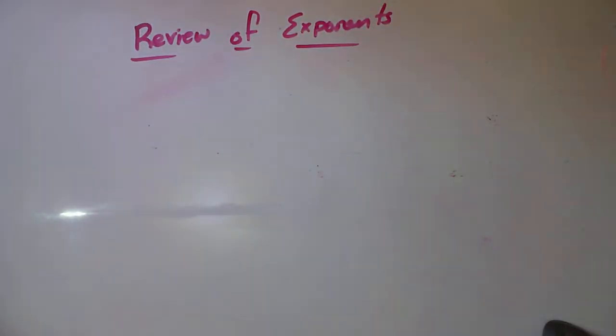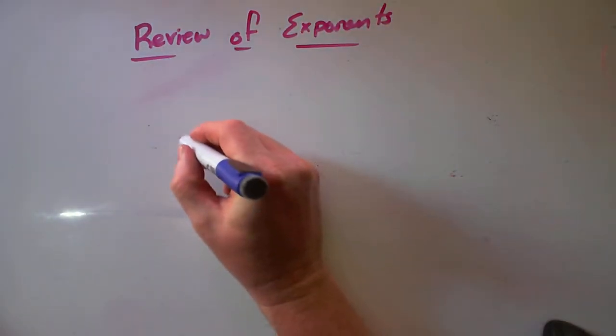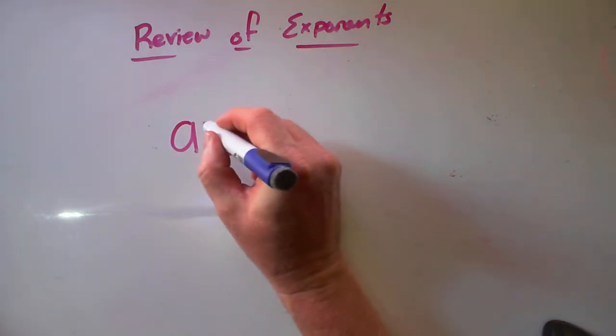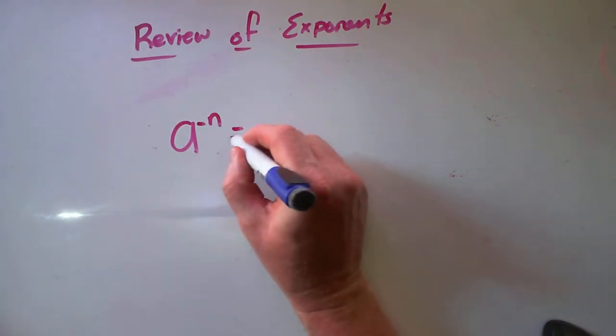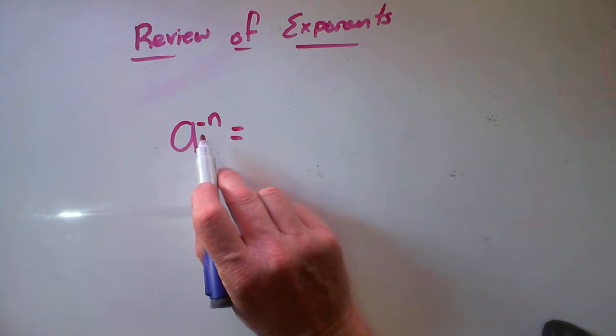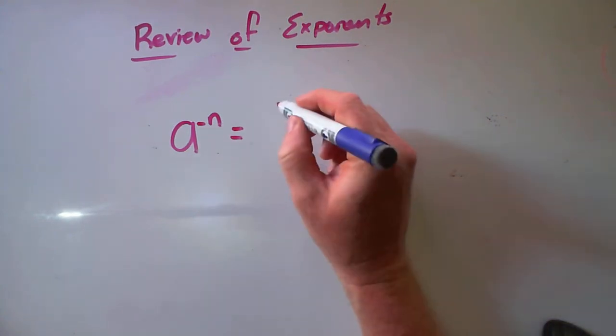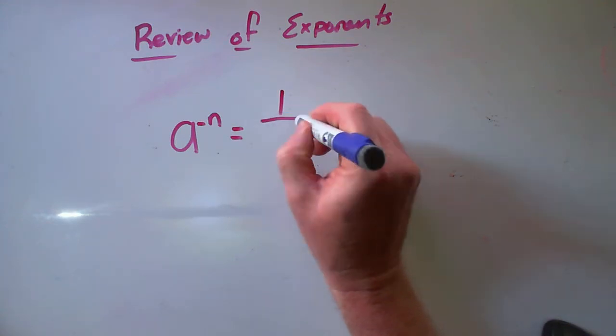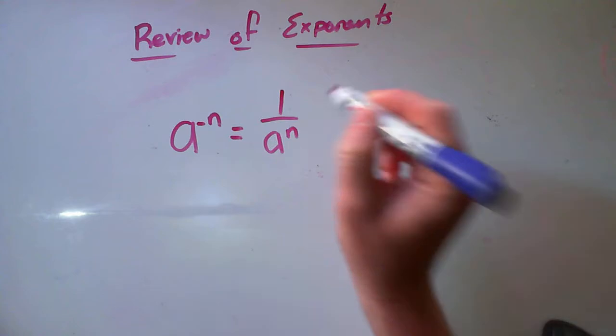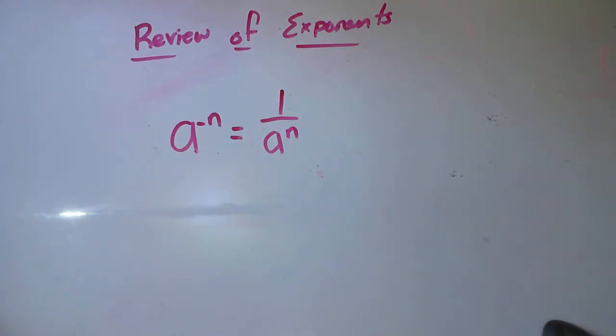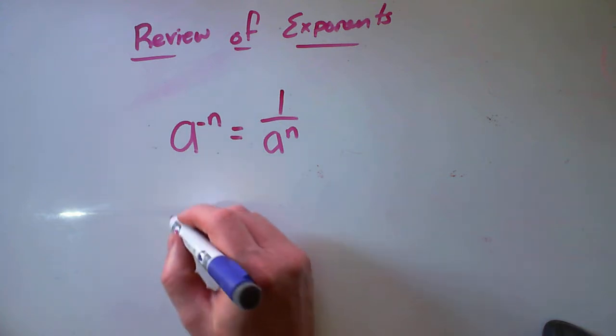Now, some other things that can happen. What if n is negative? So if you have a to the negative n, well, a negative in the exponent does not make the number negative. What it does is it reciprocates the number. In other words, it flips it over. So a to the negative n is just 1 over a to the n.